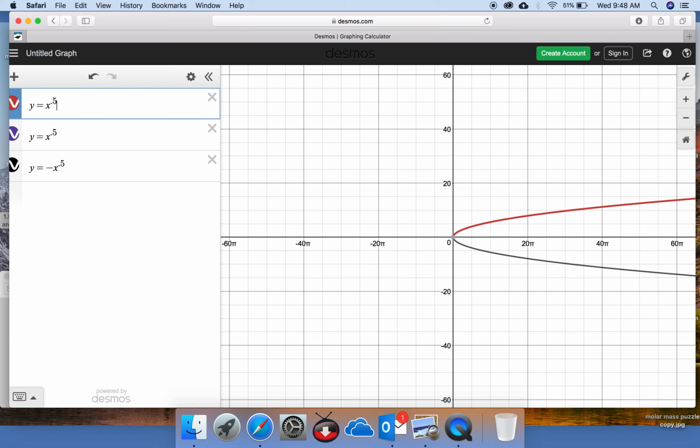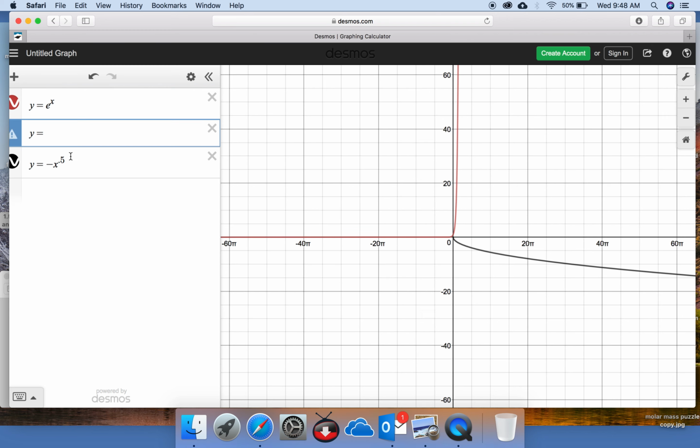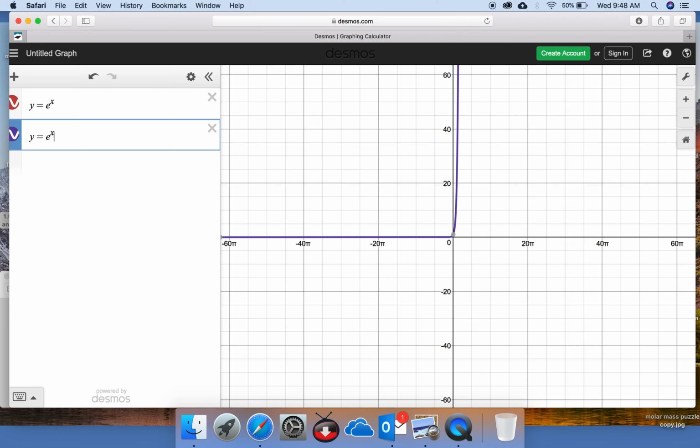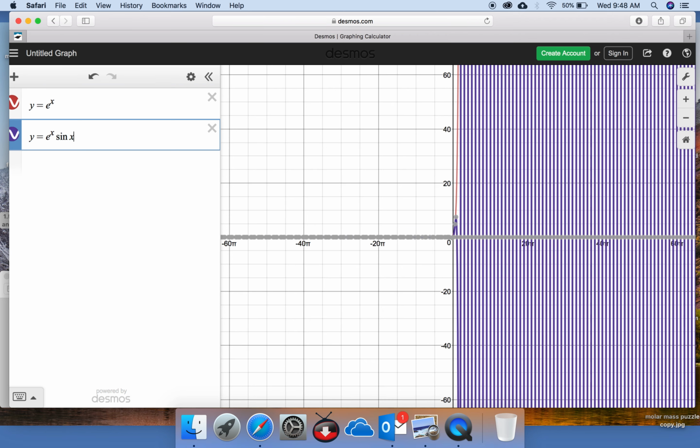The one they use for you on ALEKS, and I don't know why they picked this one, is the exponential function, so e to the x. And then they have e to the x times sine. So basically you've just got sine bouncing off of e to the x.